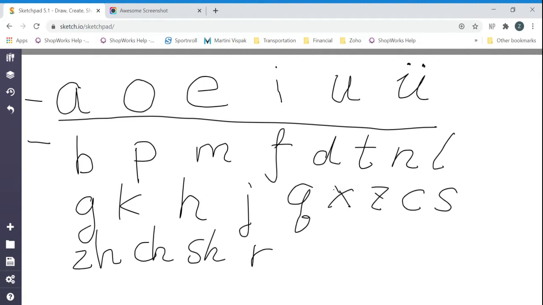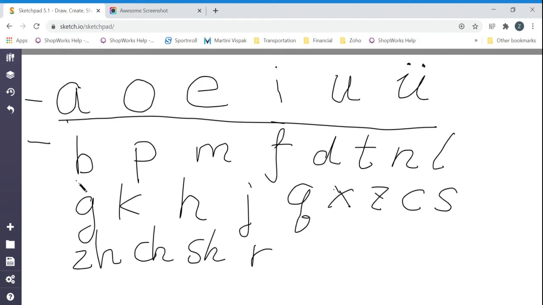Okay, so let's repeat again. The finals: 窝, 一, 乌, ü.